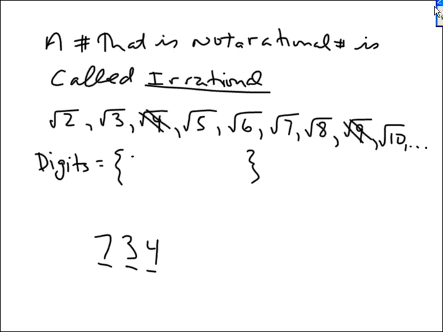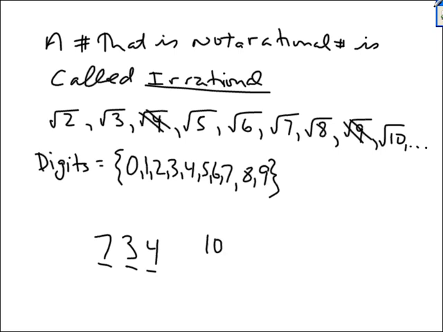The digits are 0, 1, 2, 3, 4, 5, 6, 7, 8, and 9. Those are the digits. Any number that you want to write, like 1004, well, you need a 1, you need some zeros, and you need a 4. And we have them in those digits.